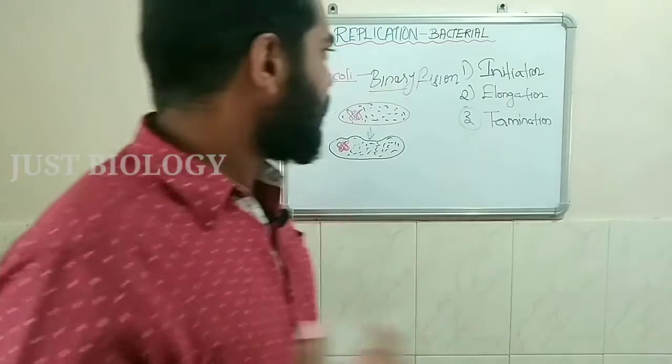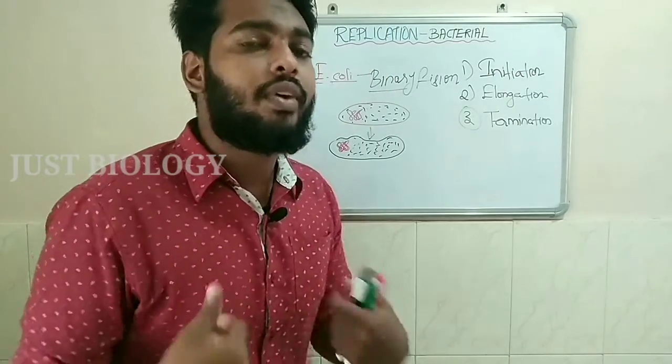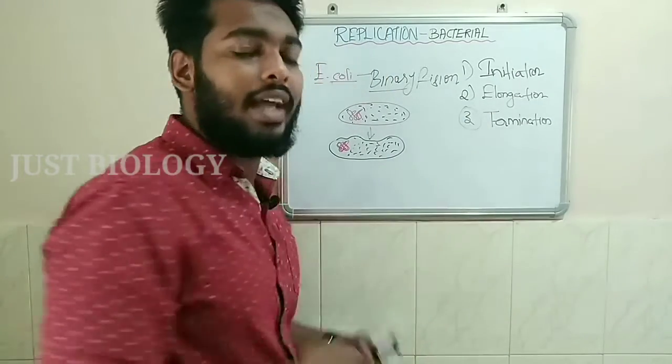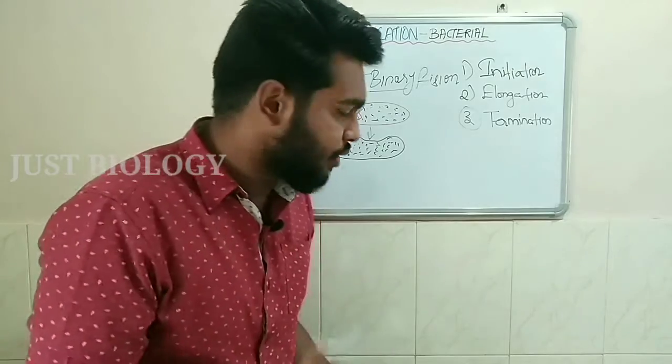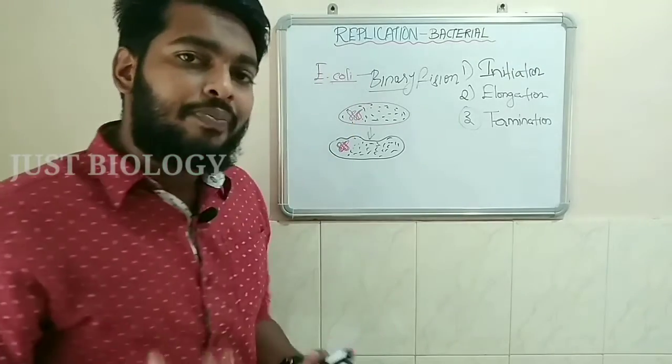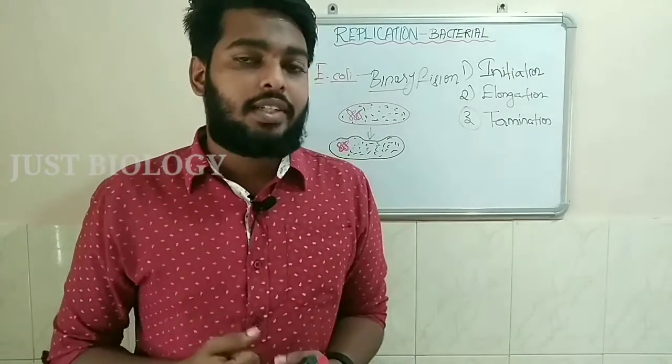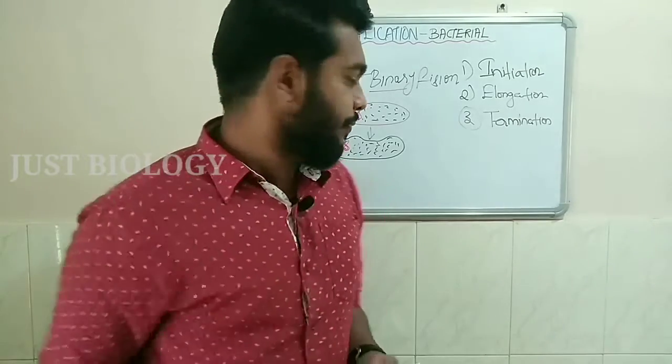Well, now you can have the question: where does the replication actually take place, or in which stage or which part of the cell can you see the replication process? So I'll tell you.